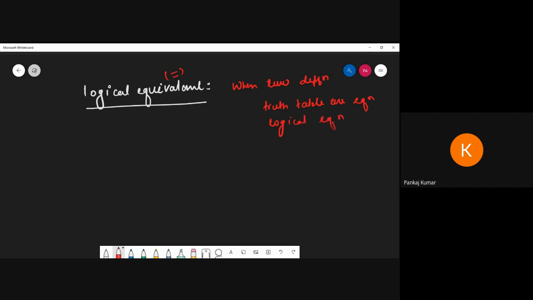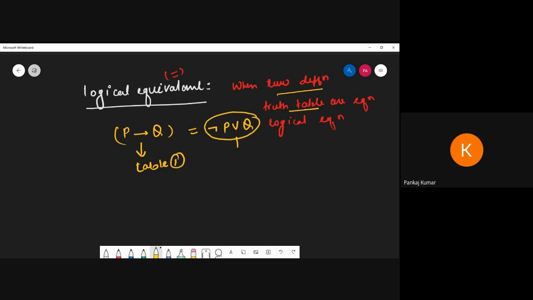Suppose we draw P implies Q. This is one truth table we can create, table 1. Similarly, suppose I create the negation of P union Q, and that is table 2.